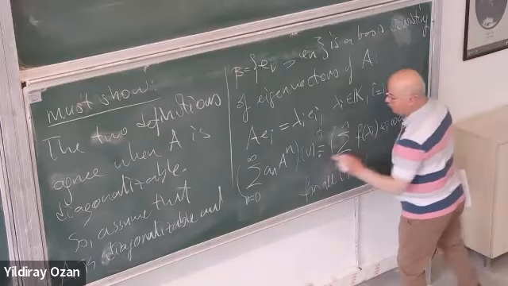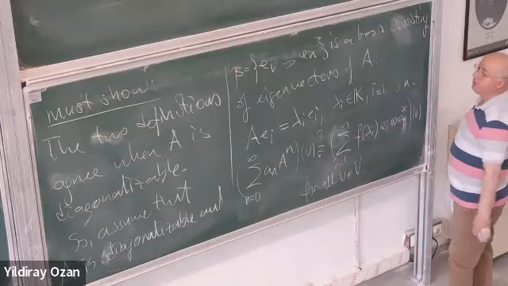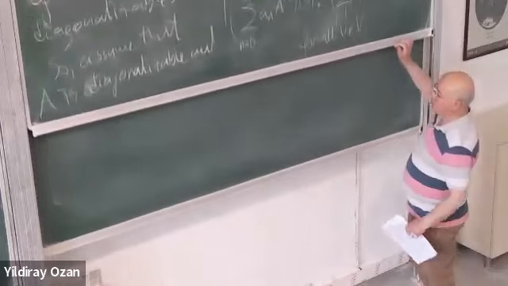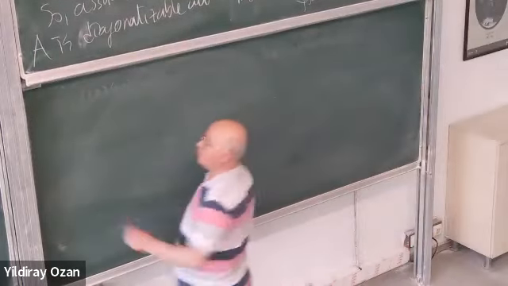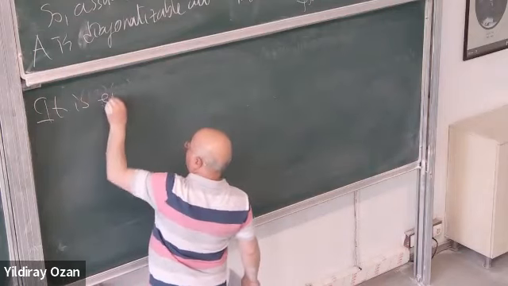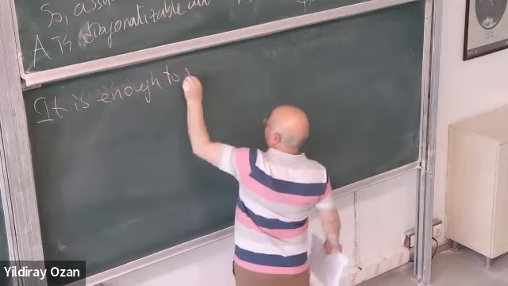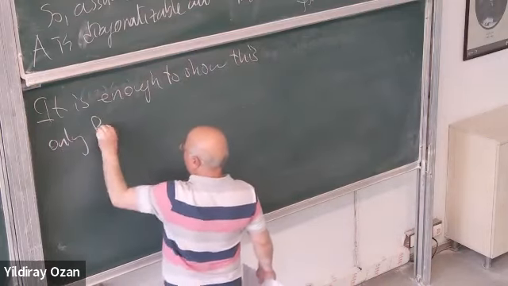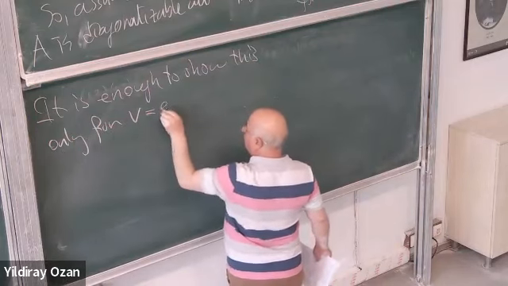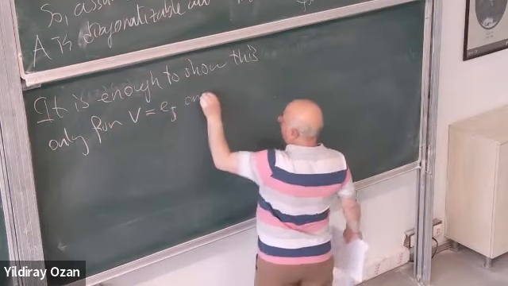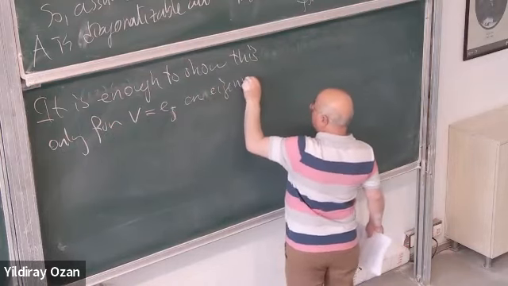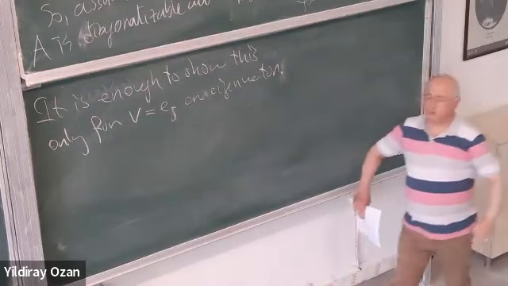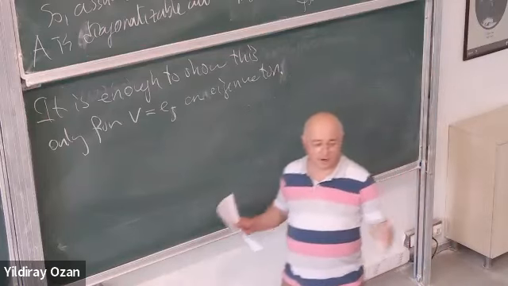If both sides agree on every basis vector, then the two sides are equal, because if two operators agree on a basis, then they are the same.